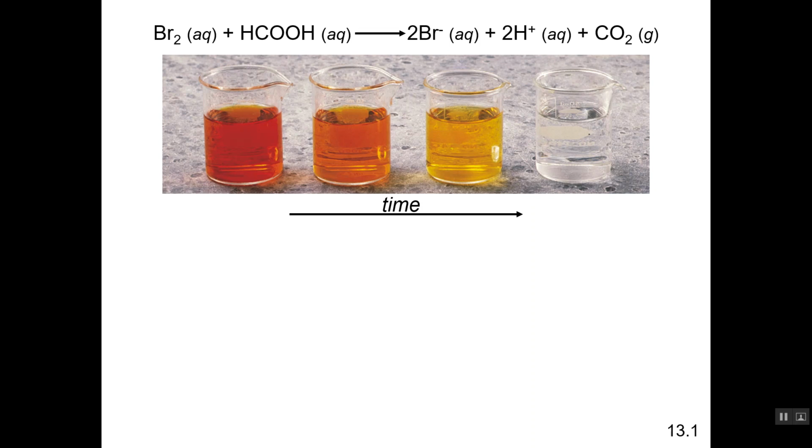You'll notice as the reaction progresses that the intensity of the color of bromine decreases until it disappears. The other substances have no color, so they won't interfere with the appearance of the solution. The color here is only due to the bromine. So basically what this indicates is that as time progresses, the concentration of bromine decreases.